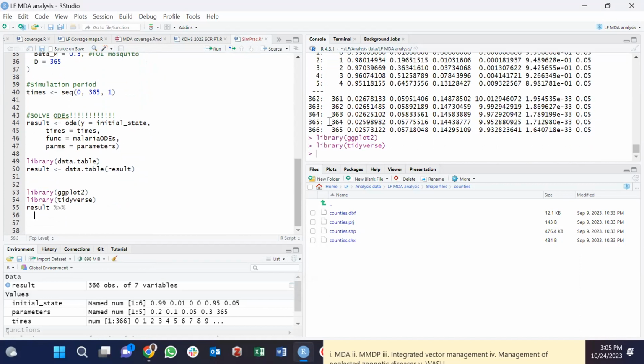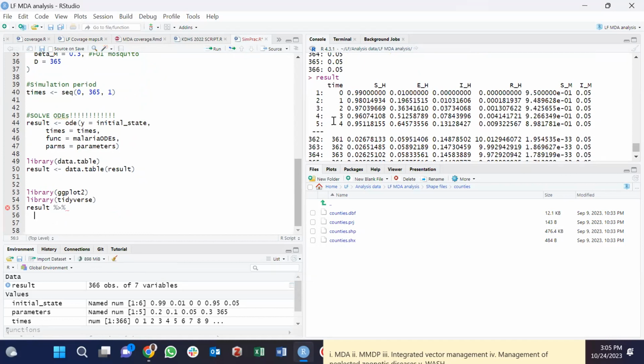We want to gather from here to here, but gather is outdated, so we'll use pivot_longer. We only want to deal with the humans, so we'll do away with these two for now.